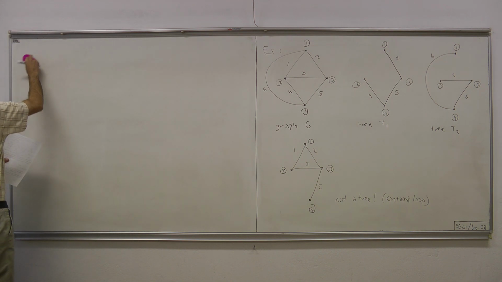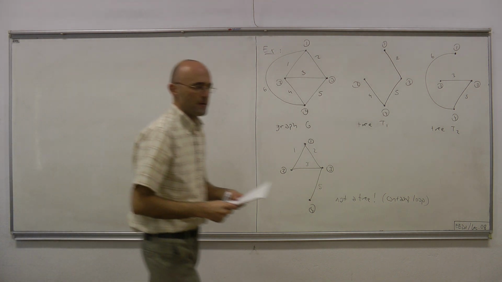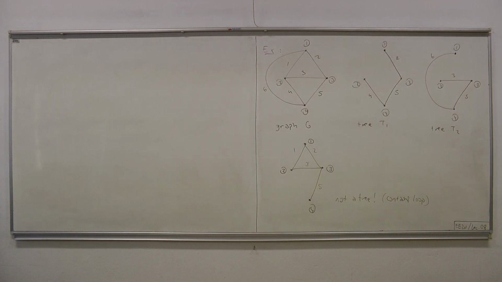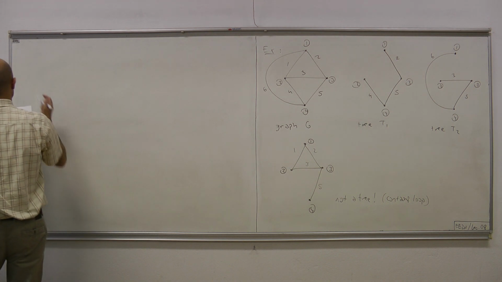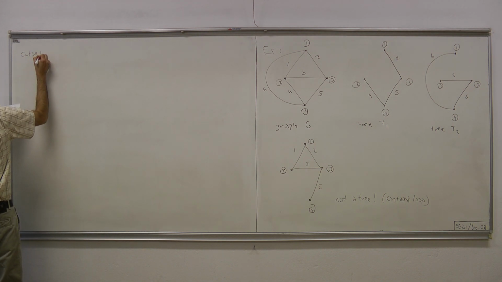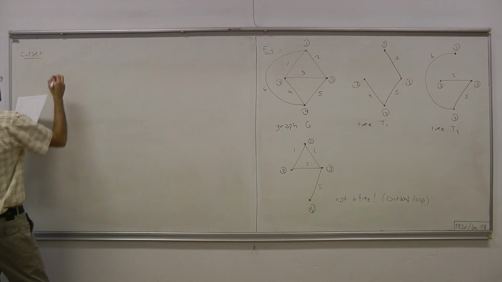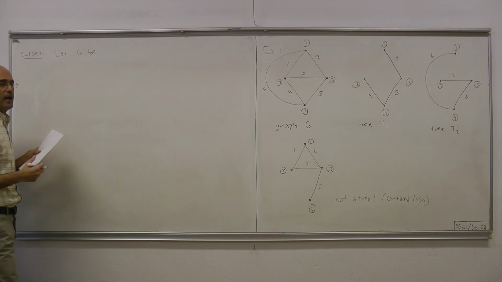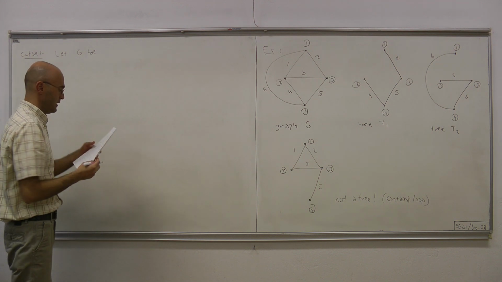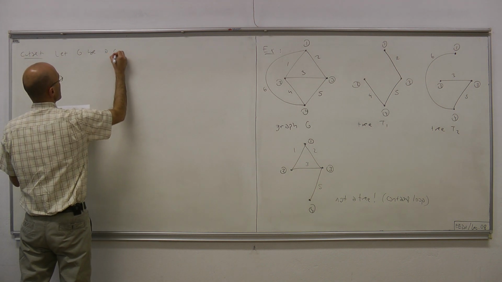Our next definition is Cutset. Again, suppose that we're given a connected graph. We're calling it G. Let G be a connected graph.